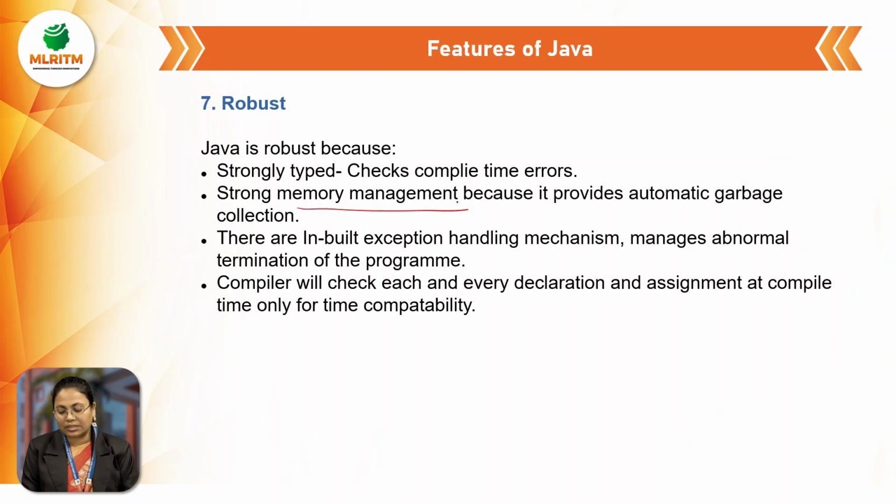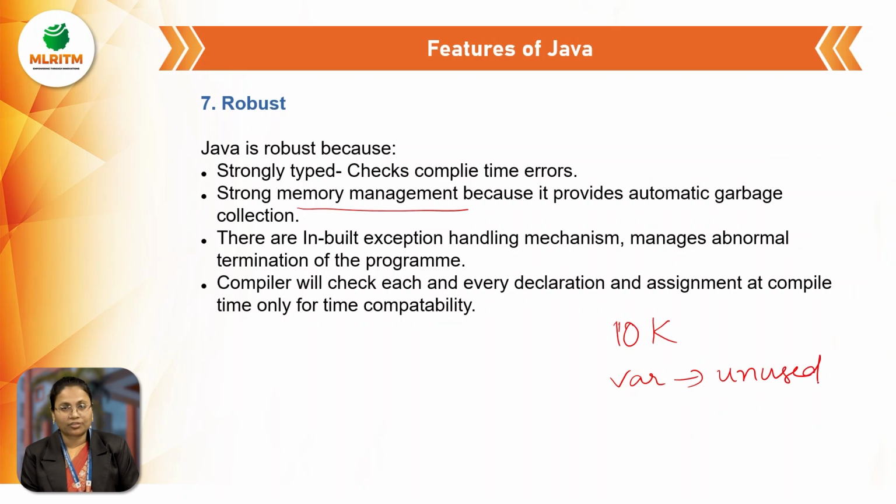Strong memory management in the sense, for example, while we are developing any real-time application, the length of the code might be 10,000 lines, let's say. In this, after some time, some variables are left unused.